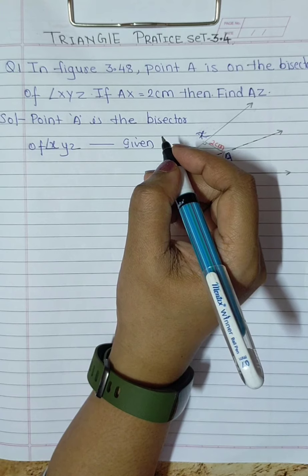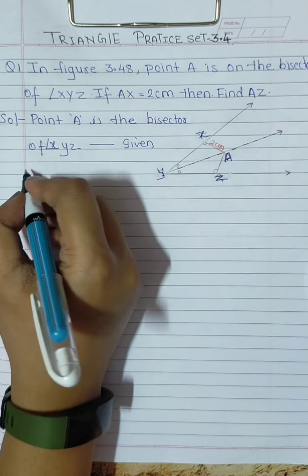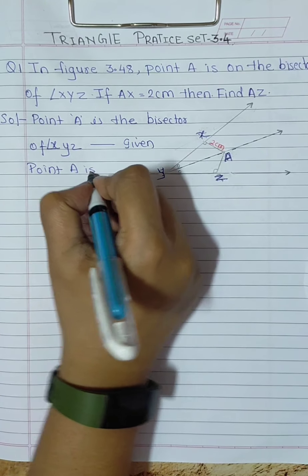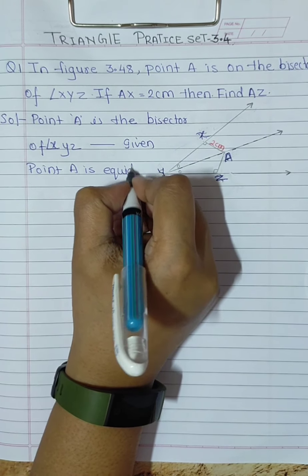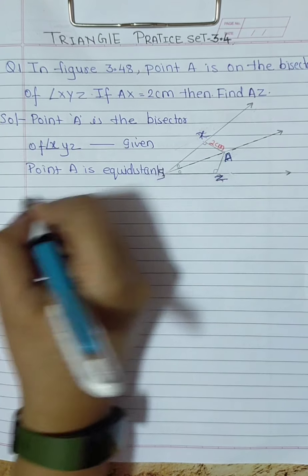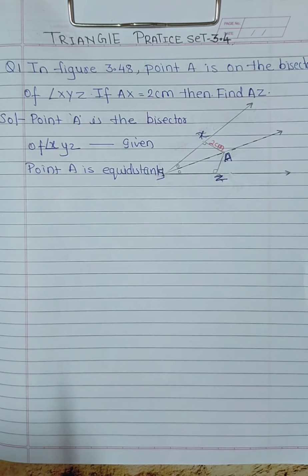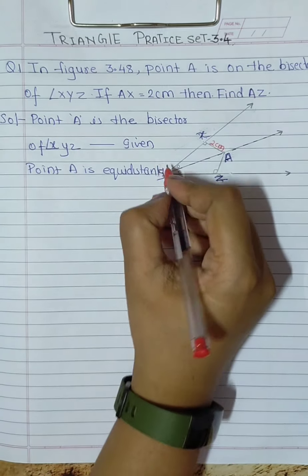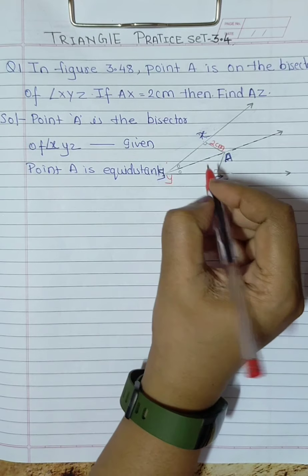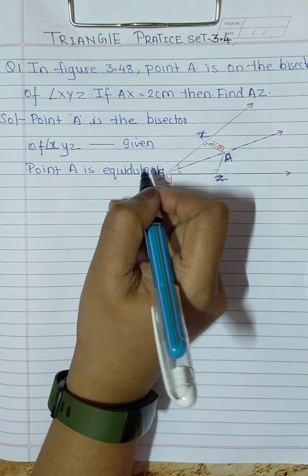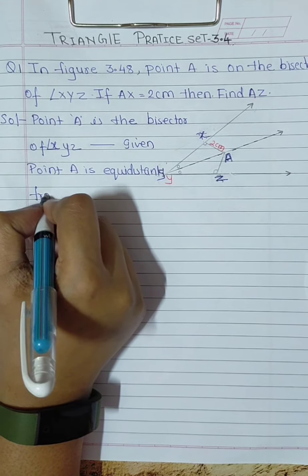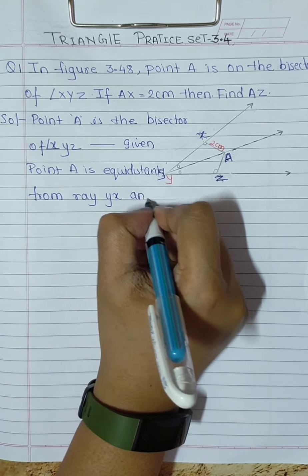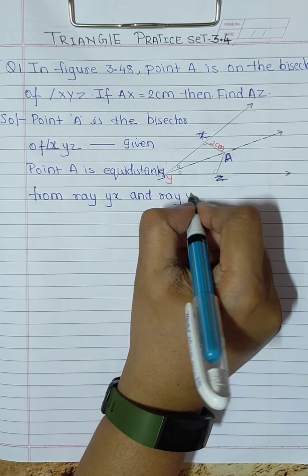Okay. Now next, point A is equidistant from, so this is our Y, so I'm writing in red, and this is Y, equidistant from ray YX and ray YZ.